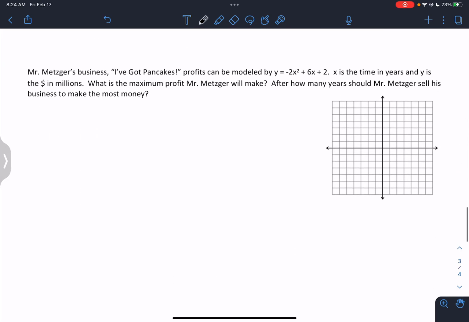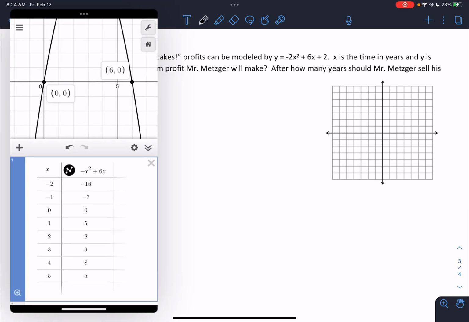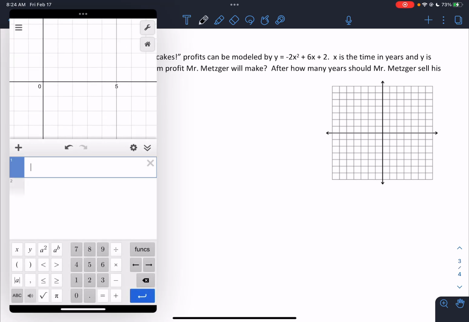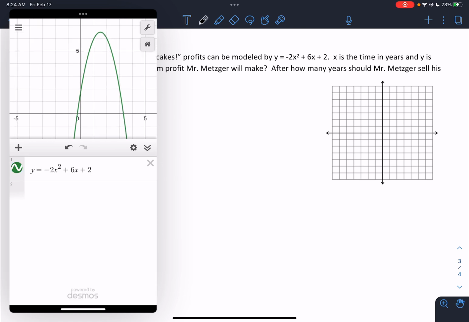With the second one down here, I've got a business called I've Got Pancakes. It can be modeled by the equation y is equal to negative 2x squared plus 6x plus 2. Again, I've got a picture looking something like this. I'm going to graph it and then try to answer these questions.